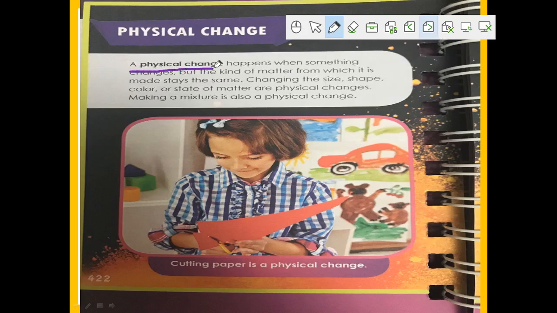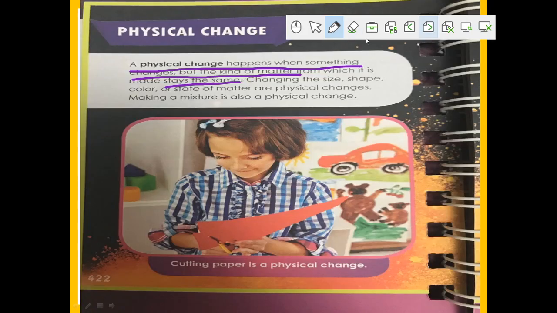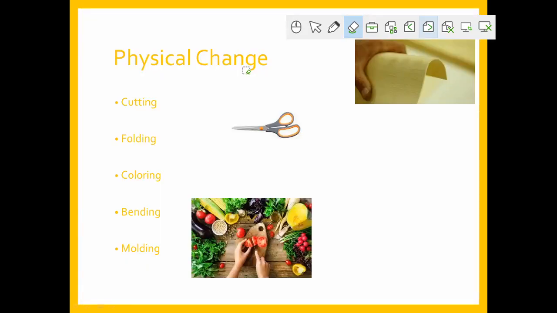Physical change happens when something changes, but the kind of matter stays the same. Okay? Let's erase, please. Underline these lines, and this is what they mean by physical change. Okay.